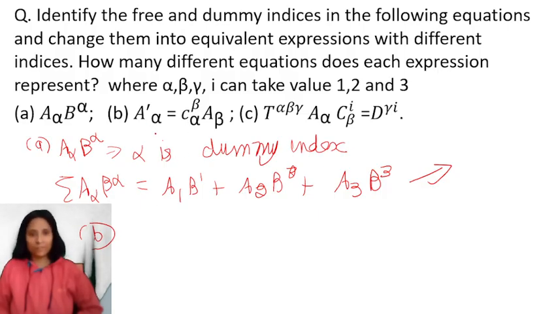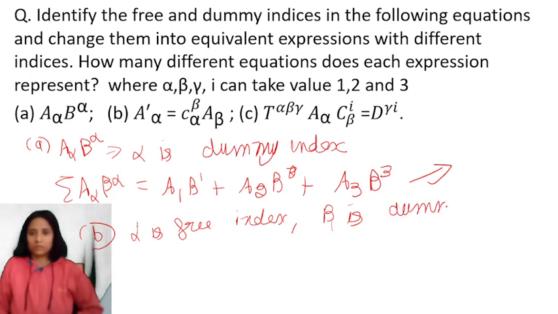Now part B: C alpha beta A beta. In part B, alpha is a free index, and beta is a dummy index because beta comes in one superscript and one subscript. Everyone knows how to expand this.